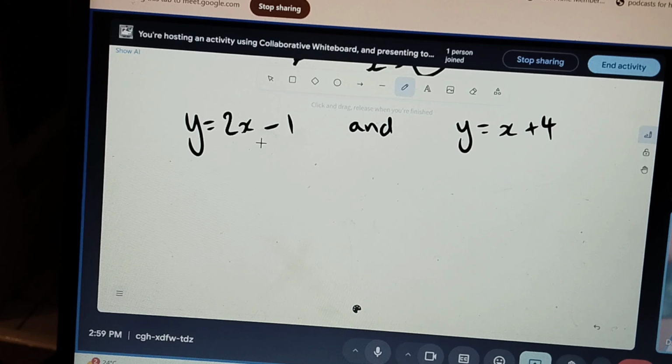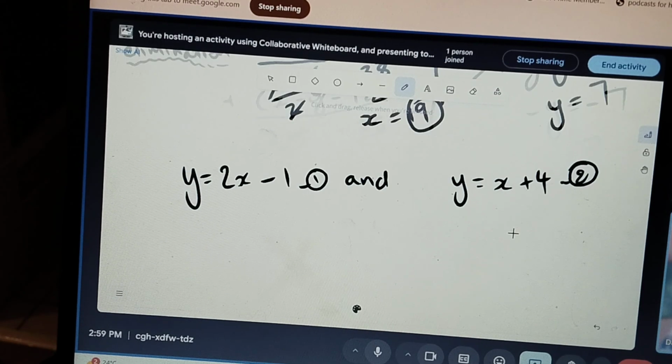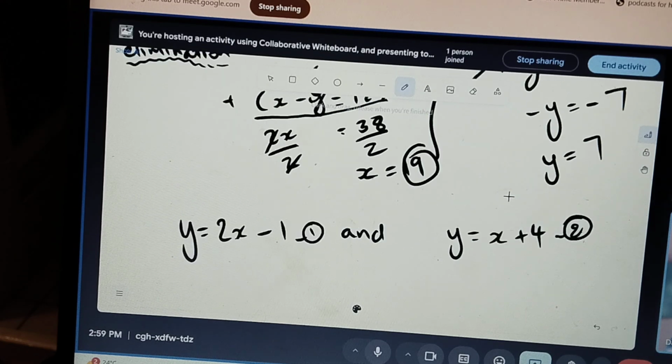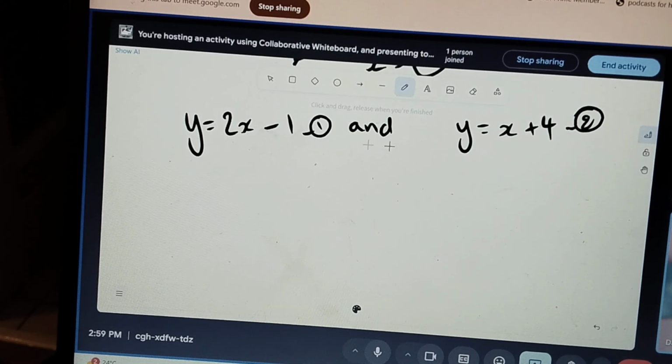So let's just look at these. I've got a y and a y. That's equation 1, that's equation 2. Because both of my y's are positive, whereas in the previous one, one y was positive and one was negative, that's why I added them. This one, they both have a positive value. So now I'm going to subtract.